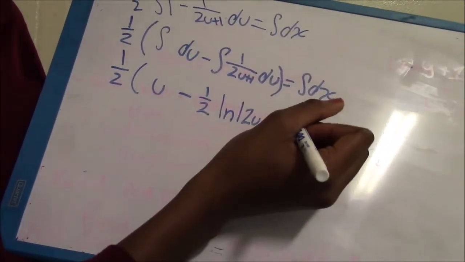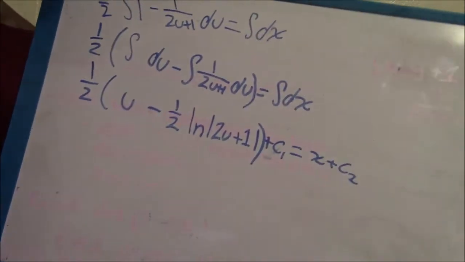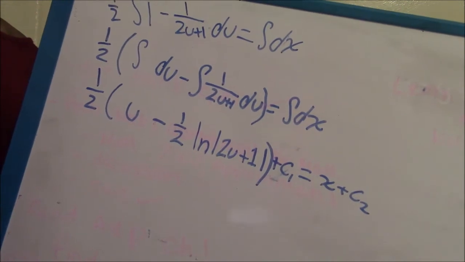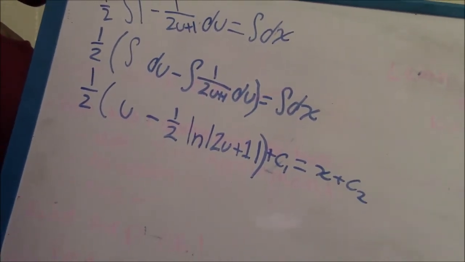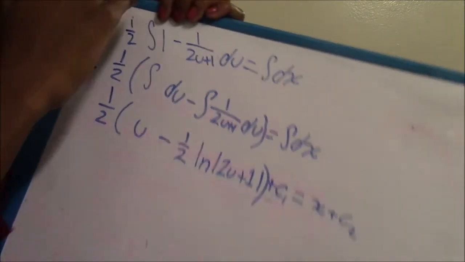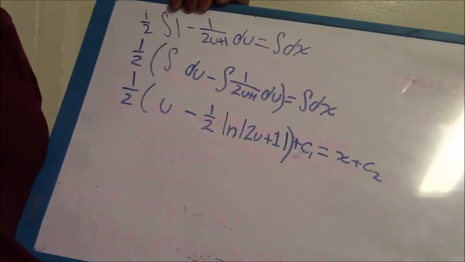Now looking at all of this, it pretty much gets simpler from here. You want to multiply everything out.